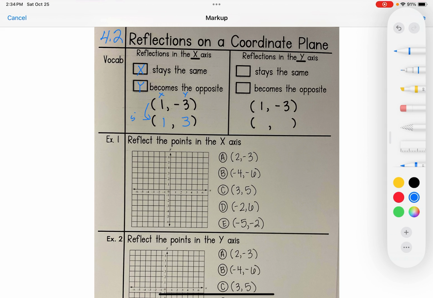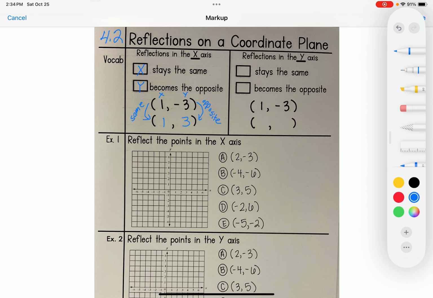So the x stays the same, the y becomes the opposite. Okay, and that's when you're going over the x-axis, the horizontal line.